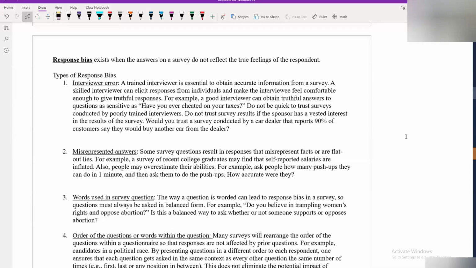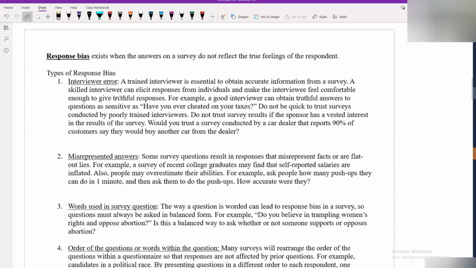You may ask individuals to complete a survey, but you cannot trust their answers. That is response bias. For several reasons, you may not depend only on their answers on that survey to decide what the conclusion is. One of these is interviewer error.